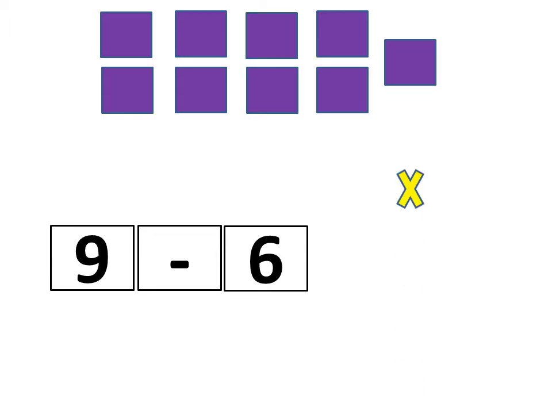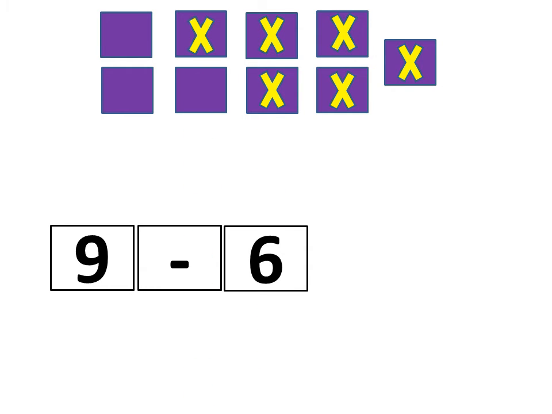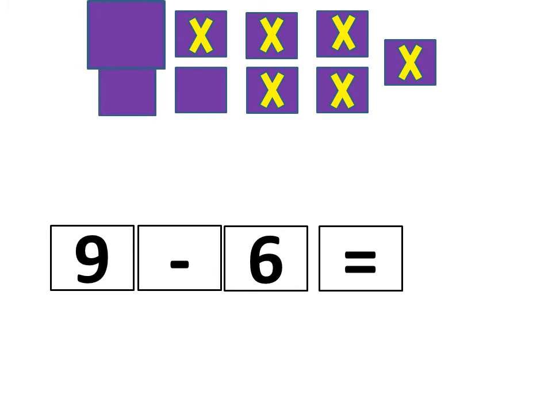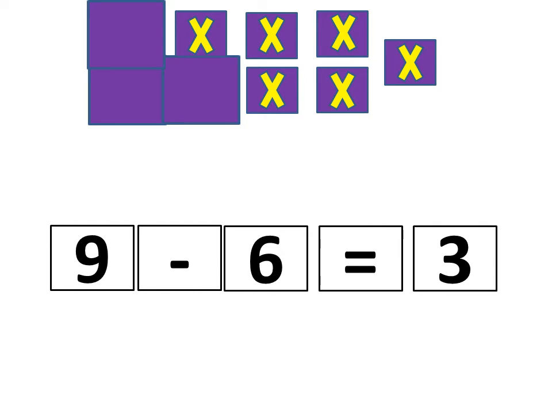Let's count. 1, 2, 3, 4, 5, 6. And what is the answer? Let's count. 1, 2, 3. So there are 3 squares left.